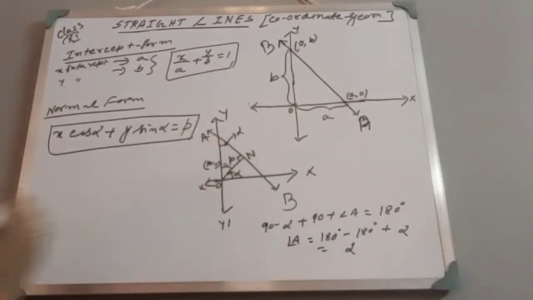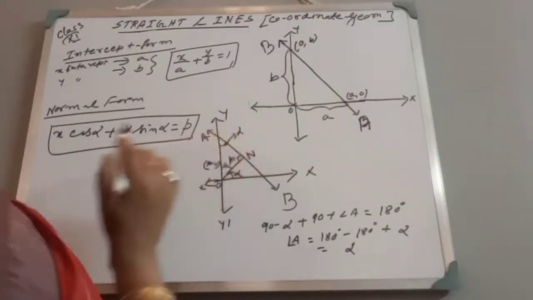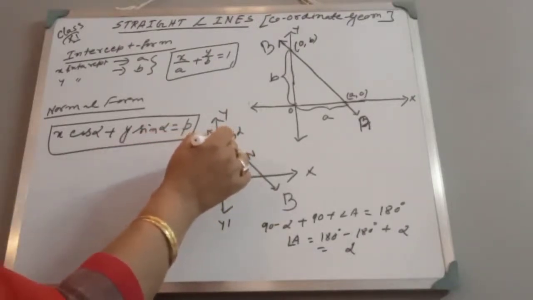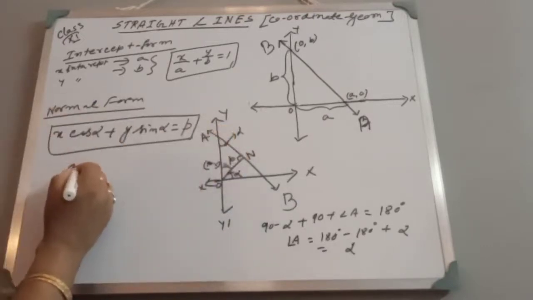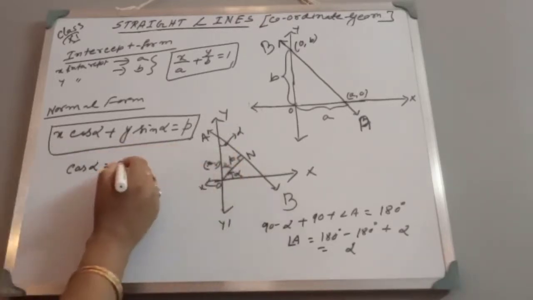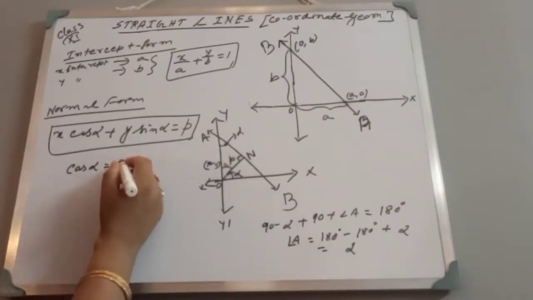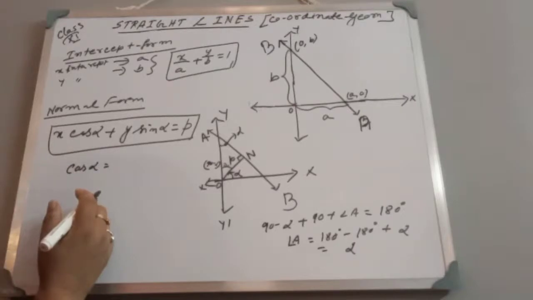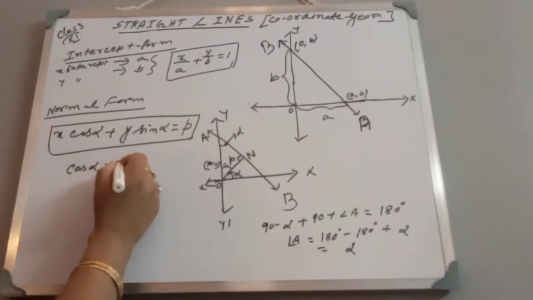Now we have to find from the triangle what is cos alpha and what is sin alpha. Now find cos alpha. Cos alpha will be ON by OB.